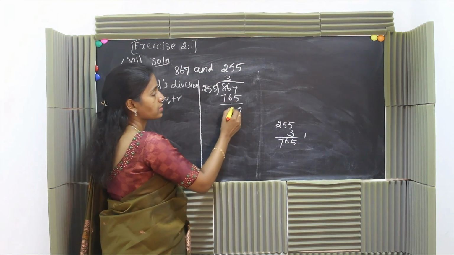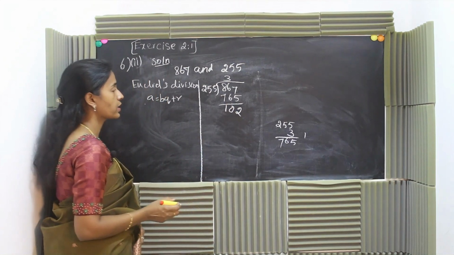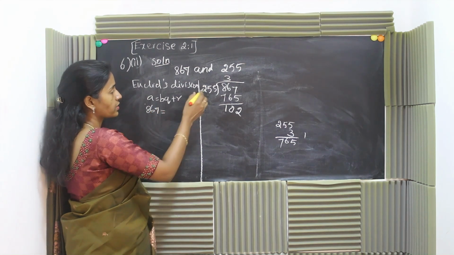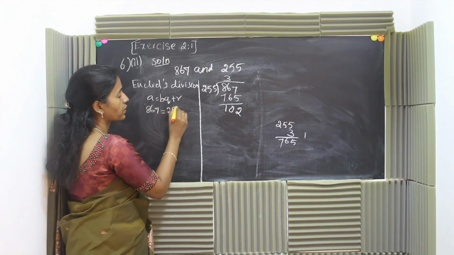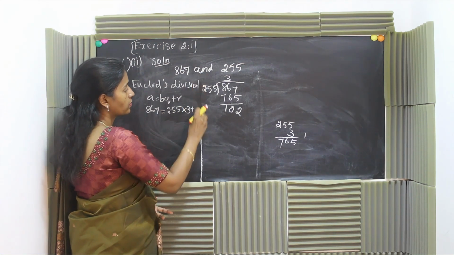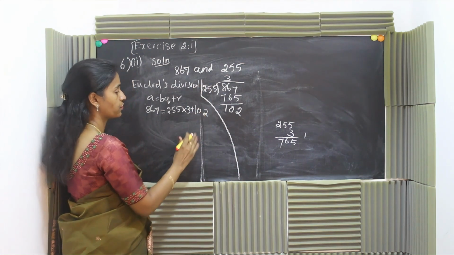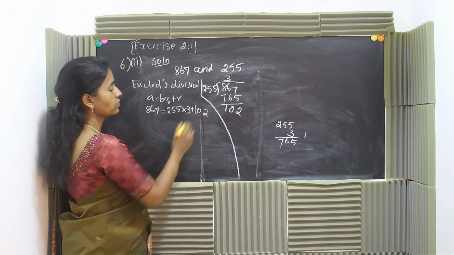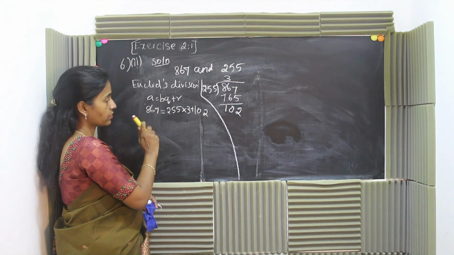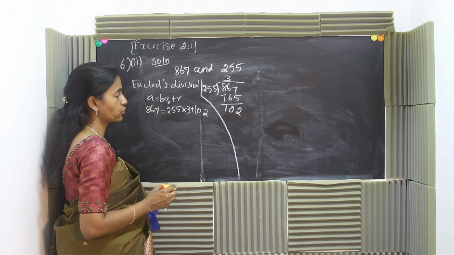867 minus 765 gives 102. So here, what is the dividend? 867. What is the divisor? 255. Quotient 3 plus remainder 102. Now, we have to divide 255 by 102.